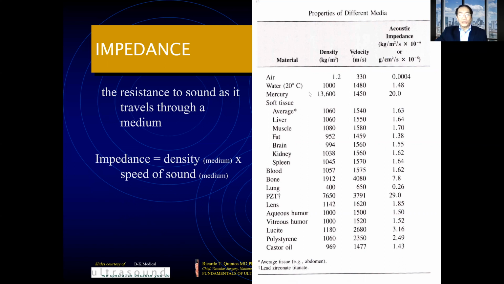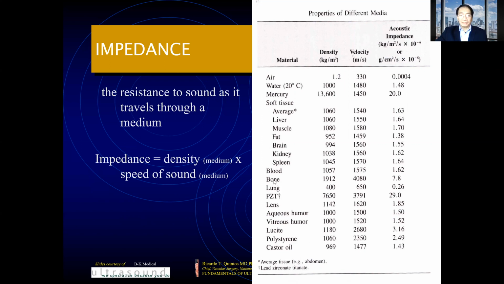Now, when it comes to water, which has a density 1,000 times more than air, but a velocity of 1,480 meters per second, the acoustic impedance is about 1.48. Now, looking at the tissues, soft tissue average has a density of 1,060, and velocity has an average of 1,540, which has an acoustic impedance of 1.63.